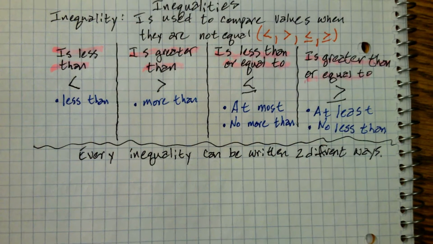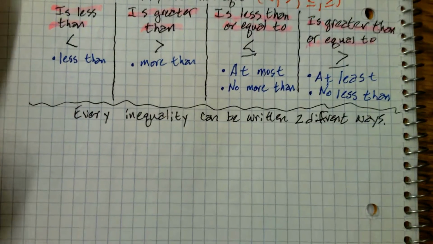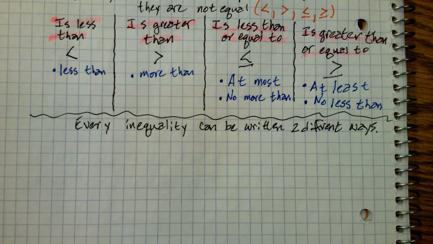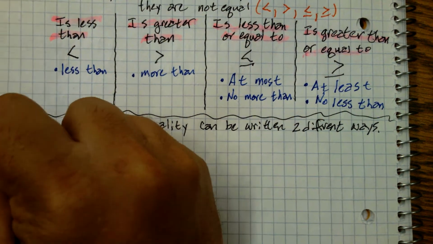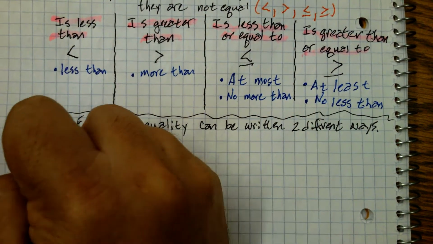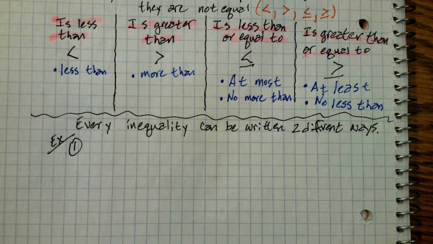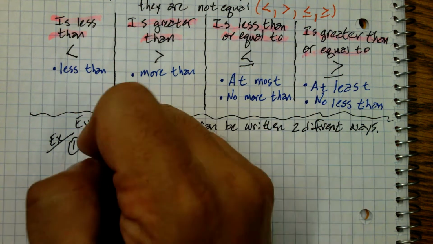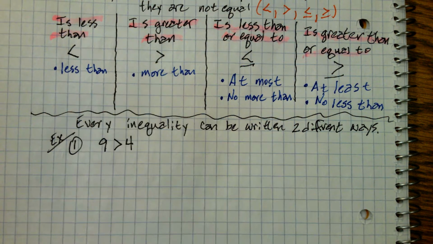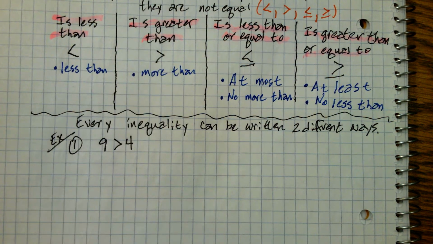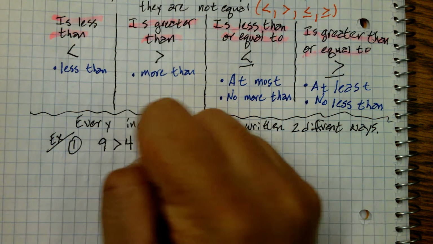Every inequality can be written two different ways. Let me give you a couple of examples. Example number one. I'm just going to write an inequality that's true: 9, then this symbol, then 4. So that's 9 is greater than 4. That's true, right?